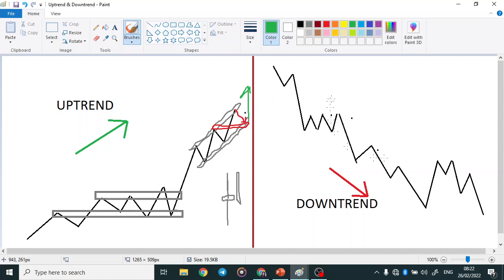Similarly, on this side we have a downtrend, so everything that I talked about on that side, we're also going to apply on this side. It's just the opposite. If this market is going down and it doesn't continue going down, it comes up and down, almost trapped in a channel.